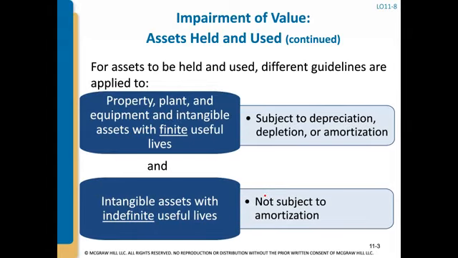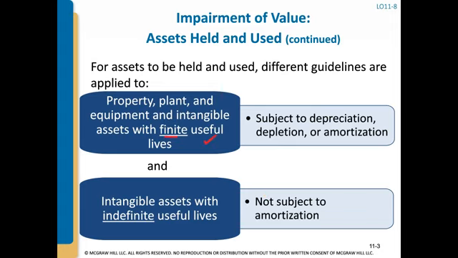There are different rules of impairment, of what determines an impairment and how to calculate it, depending on the type of asset. So if you have property, plant, and equipment, which is also sometimes referred to as a fixed asset, and intangible assets with finite useful life, they have a certain accounting that's required, which was covered in Impairments Part 1.